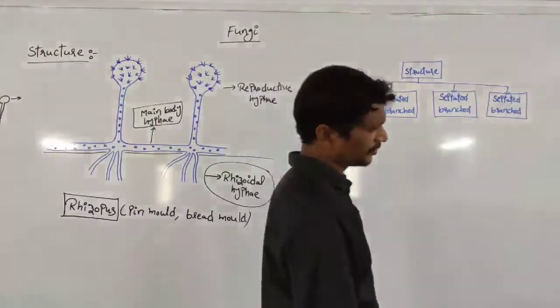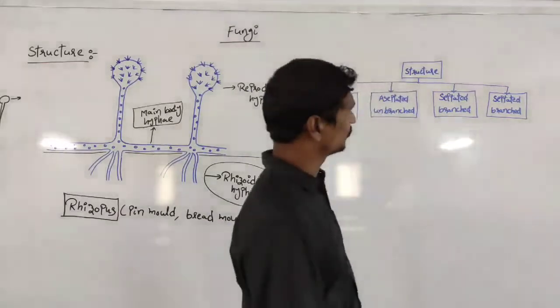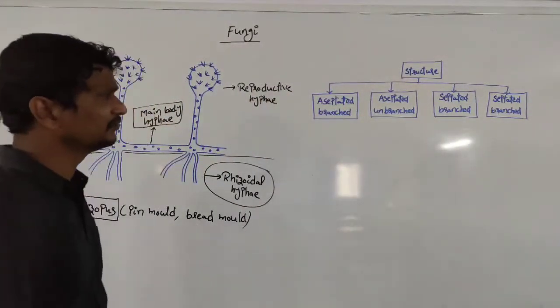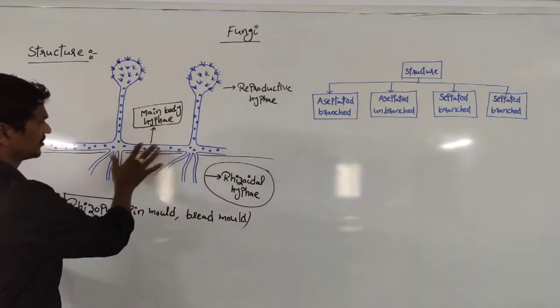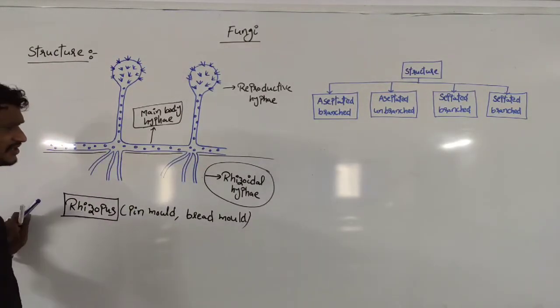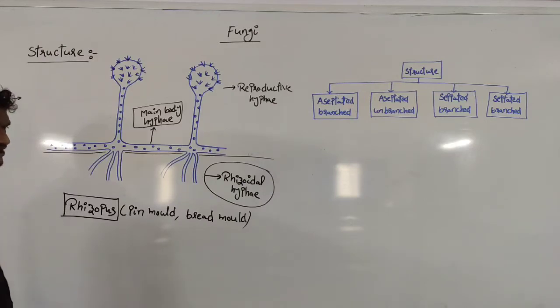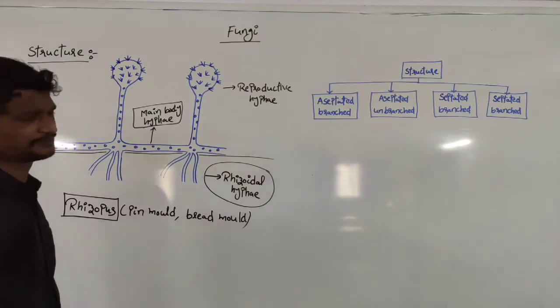Again, if we discuss the structure, there are four types. Here there is a mycelium, or this is one of the hyphae structures. Within that hyphae, septa are formed. In certain cases, septa are not formed. So based on that, we are classifying here.